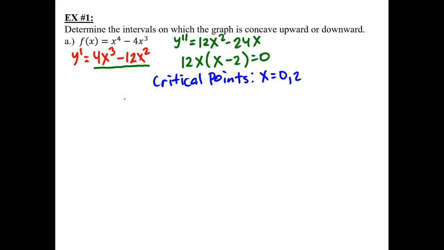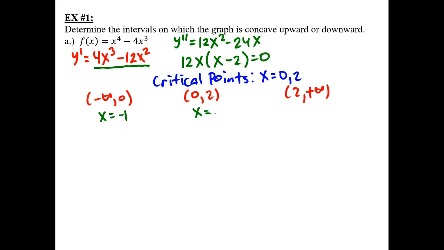If we have two critical points, we have three intervals: negative infinity to 0, 0 to 2, and 2 to positive infinity. So, look for test values in our intervals. Here in negative infinity to 0, we have x is equal to negative 1.